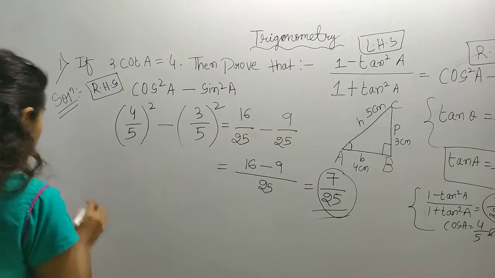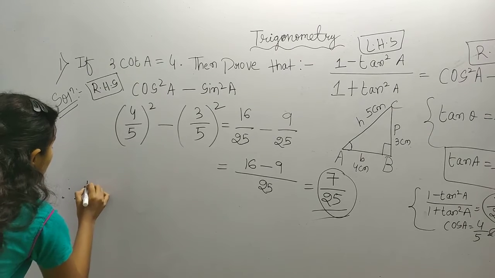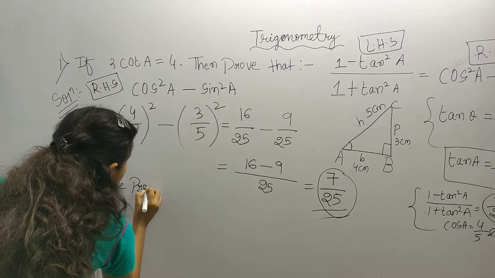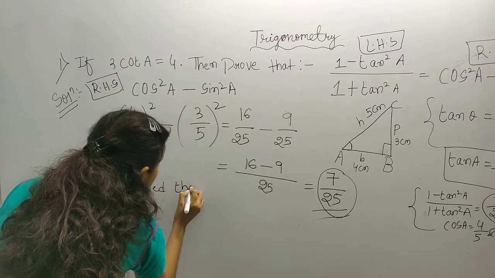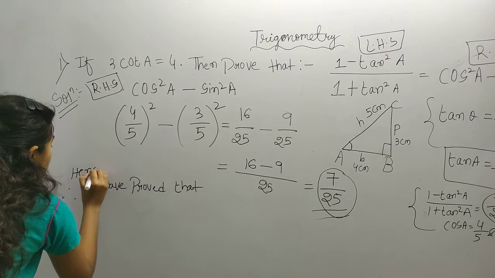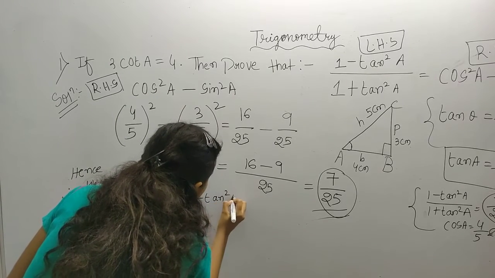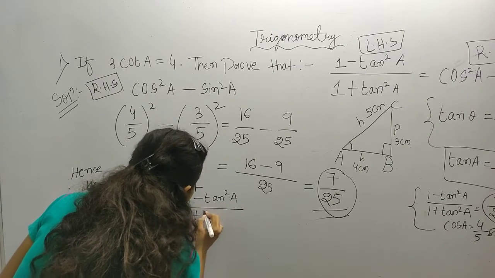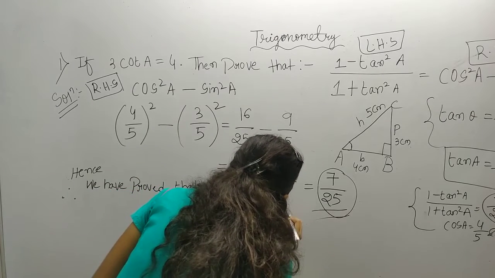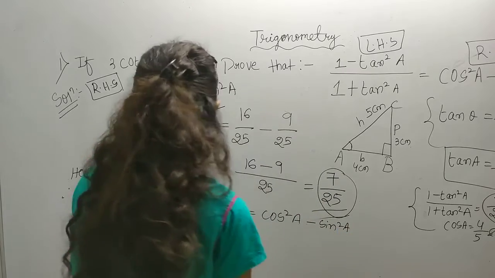Let's write now. What we will write? Therefore, hence we have proved that 1 minus tan square A by 1 plus tan square A equals to cos square A minus sin square A. Okay?